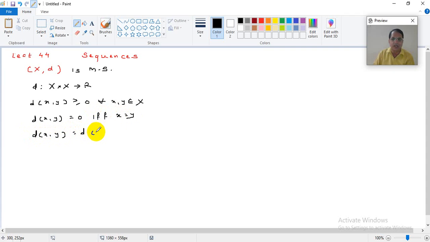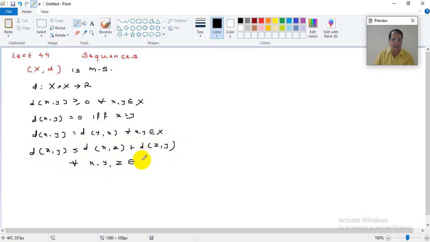This is called the symmetric property, and it is true for all x and y belonging to X. And the next property is the very famous triangle inequality: d(x, y) is less than or equal to d(x, z) plus d(z, y). This is true for all x, y, z belonging to X.